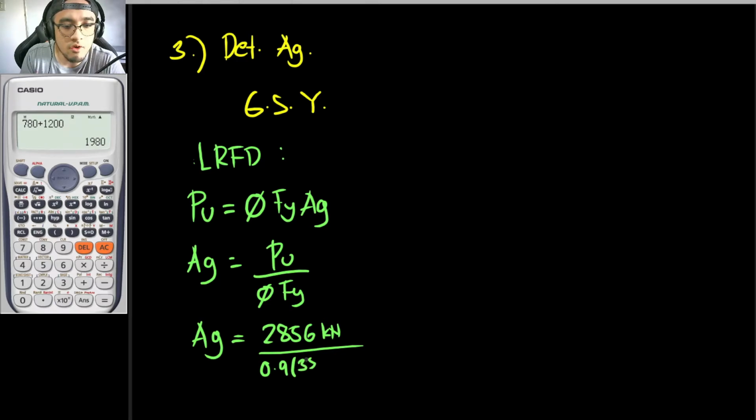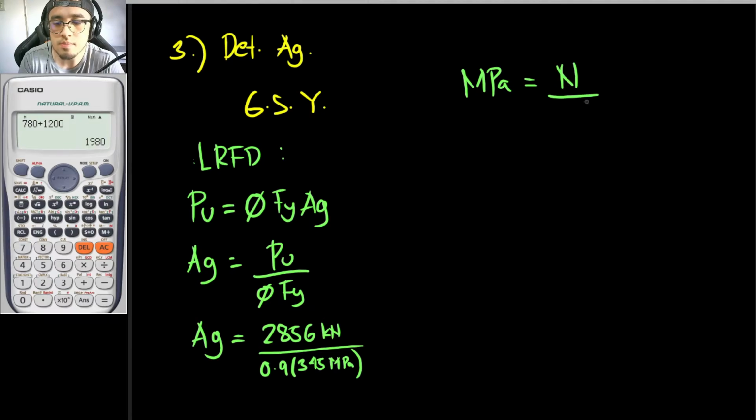345 megapascals. But if you can remember guys, megapascals is equal to newtons per millimeter squared. So for us to arrive at an answer of millimeter squared, newtons must cancel out. So with that guys, we must convert this load right here to newtons first.